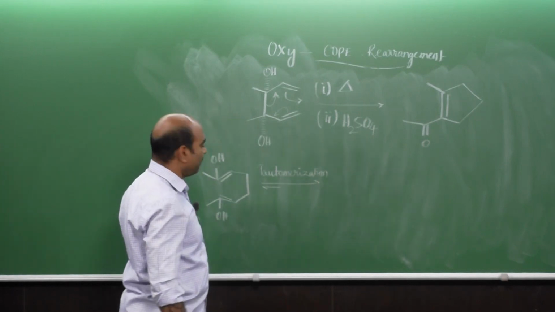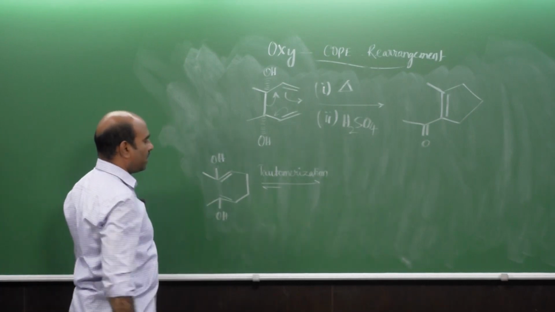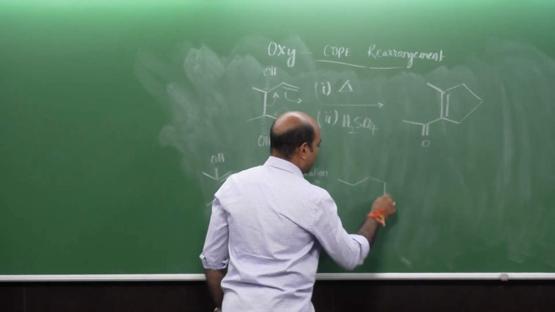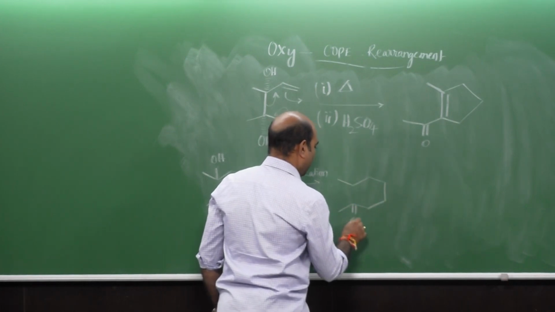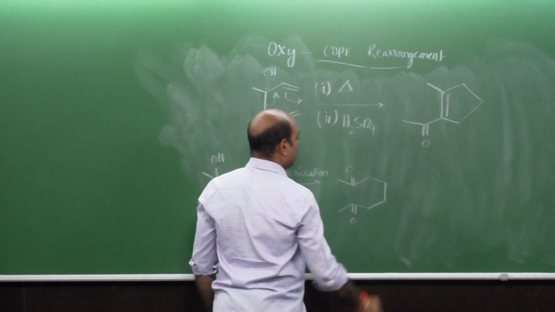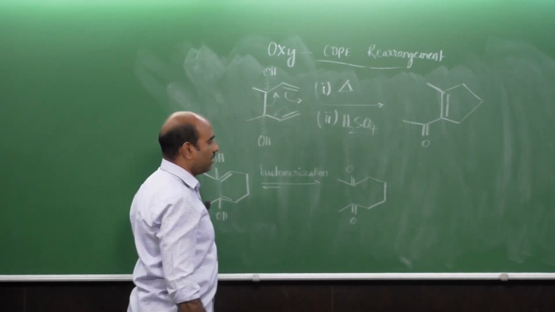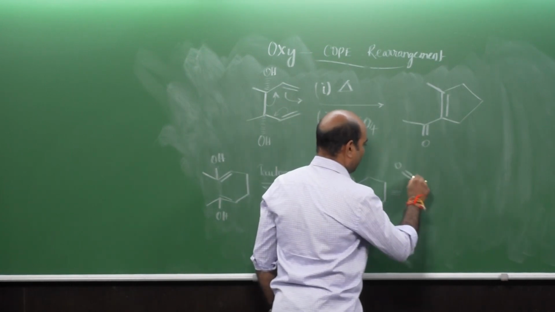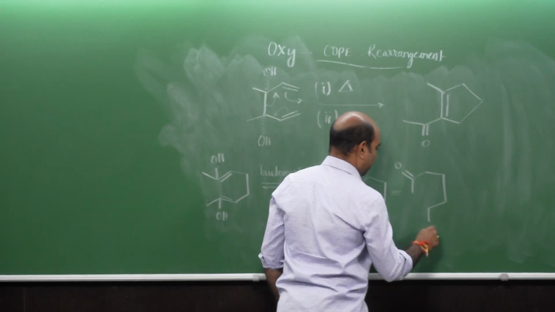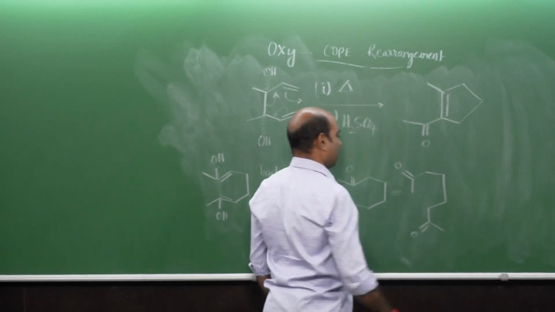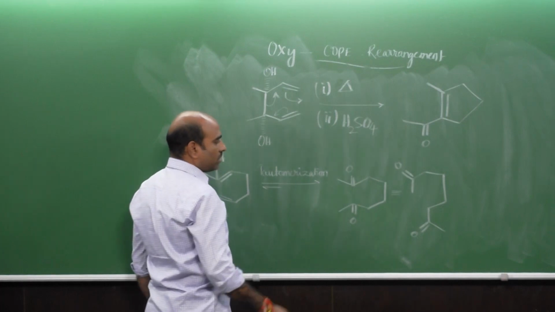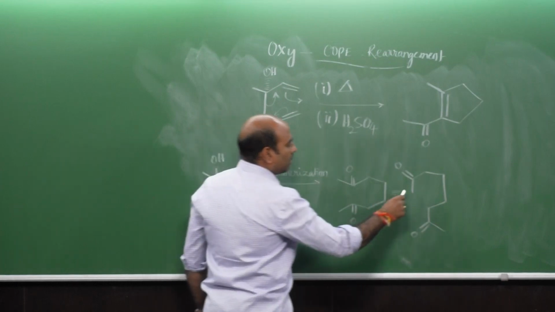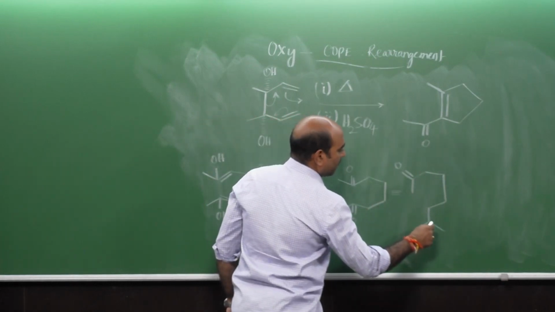So what happens if it is able to show the tautomerization? Double bond O, double bond O. So we will be able to see this one, right. In other words, you can also write this as double bond O, this one. Am I correct? So 1, 2, 3, 4, 5, 6, 7, 8. 1, 2, 3, 4, 5, 6, 7, 8.